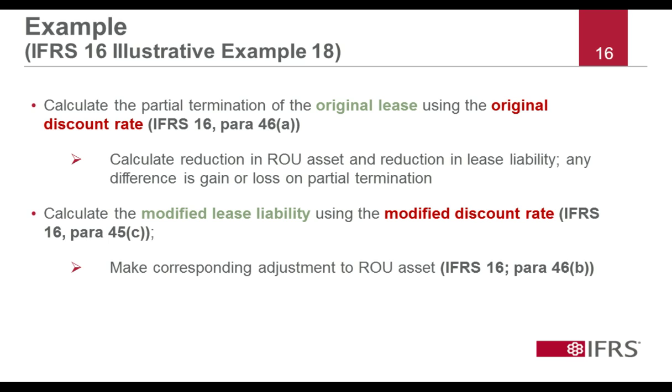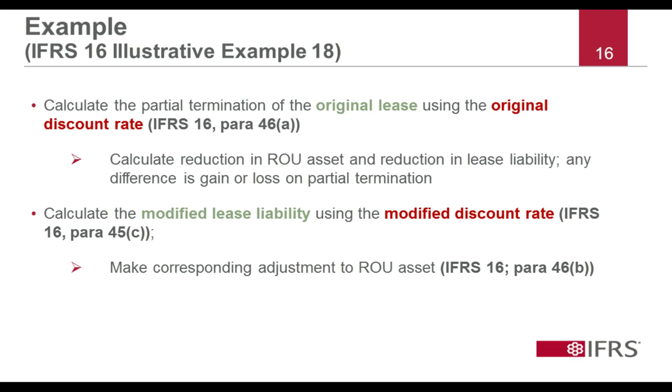For the right-of-use asset, at the point of the modification, the lessee is giving up 2 years of the remaining 5-year term of the original lease. Therefore, the example illustrates that the right-of-use asset disposed of is 2/5 of the right-of-use asset that appears on the balance sheet immediately before the modification.